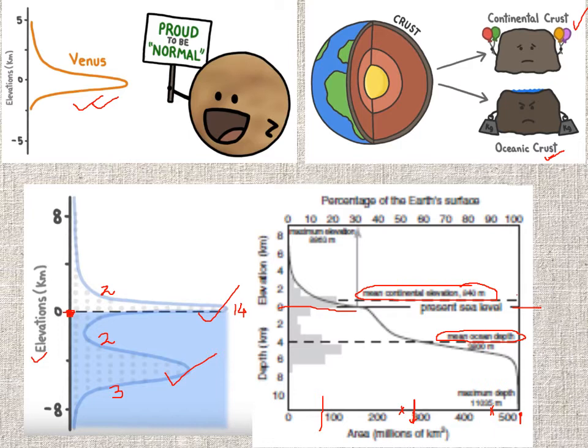Now, this is my hypsometric curve, and it intersects the present sea level at this point. Okay, this suggests that about 29% of the Earth's surface is above the sea level. So about 71% of the Earth's surface, most of the part of the Earth, occurs below the mean sea level.